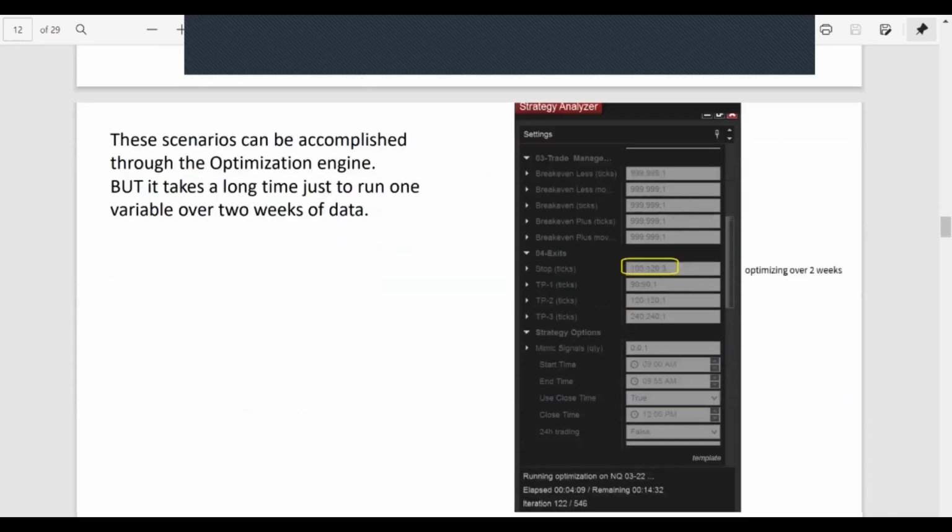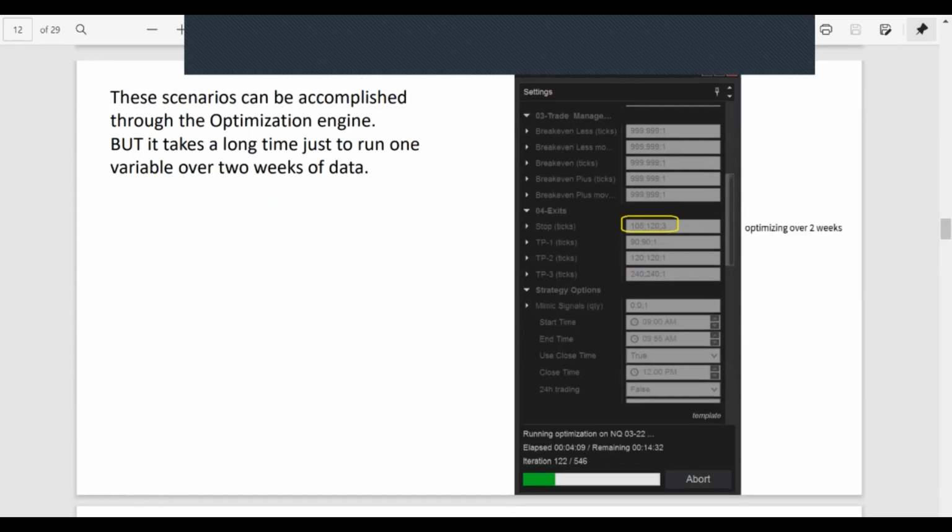Now, you can also use the tick resolution for very, actually, I'm sorry, not fast, but very, very accurate backtesting on optimization on analyzer, but it takes a long time.